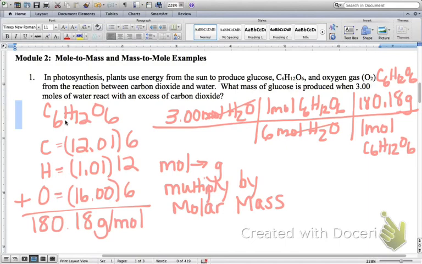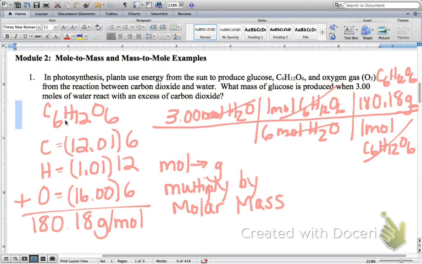I just put the molar mass in the form of a conversion factor, grams per 1 mole. And now you'll notice that the moles of glucose cancels out, and I've got on top grams of glucose, C6H12O6, which is what they asked me to solve for.